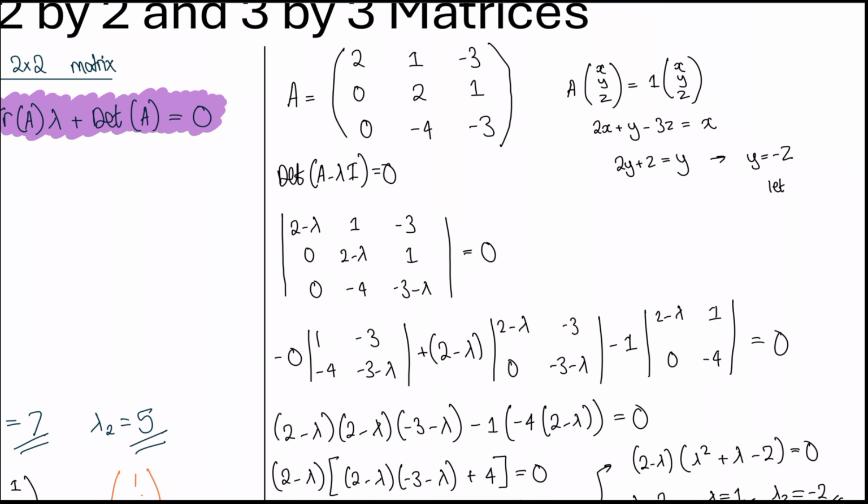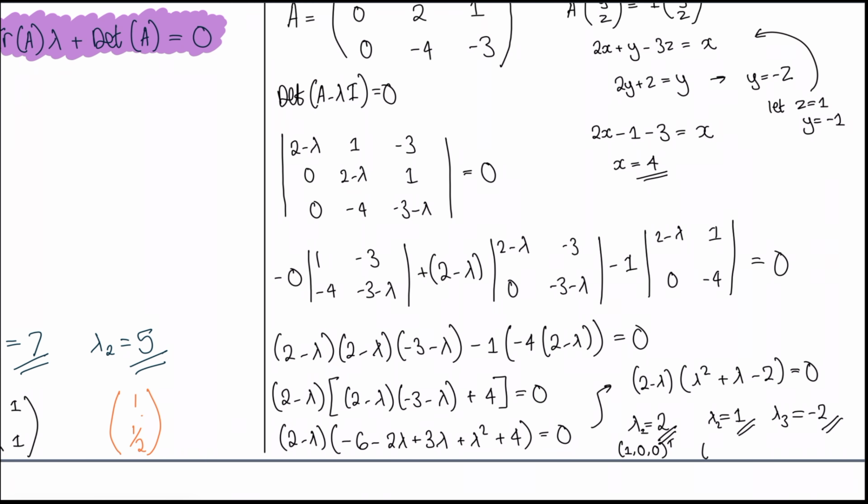So if we let z is equal to 1, we get y is equal to minus 1. If we substitute this into the first equation, we get 2x minus 1 minus 3 is equal to x. So x is equal to 4. So our eigenvector for this is 4, minus 1, 1.